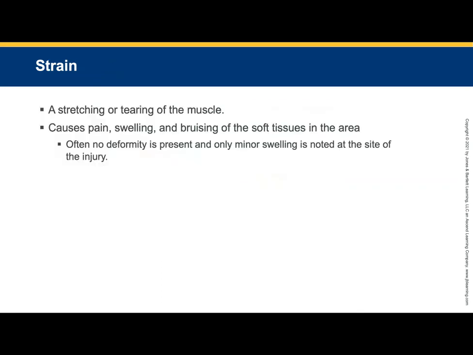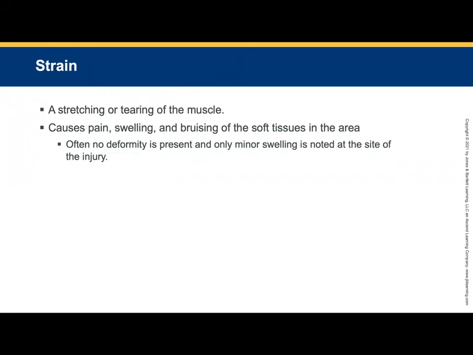A strain is a pulled muscle, stretching or tearing of the muscle, causing pain, swelling, and bruising of the soft tissues of the area. Unlike a sprain, no ligaments or joints are typically damaged.